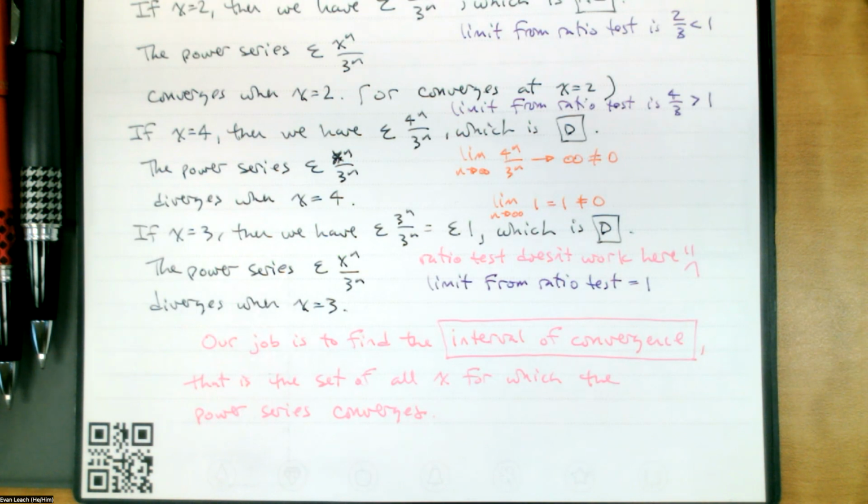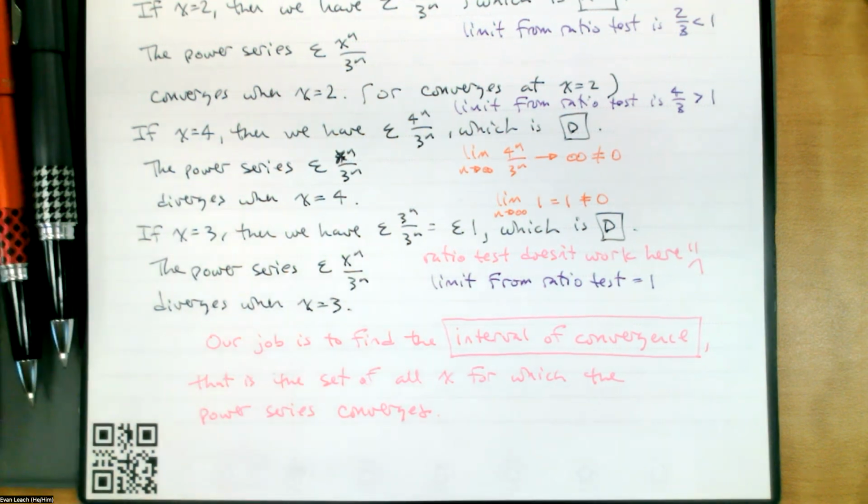Number 2, I have called it the interval of convergence. This is a statement about the form of this set. This set will take the form of an interval.